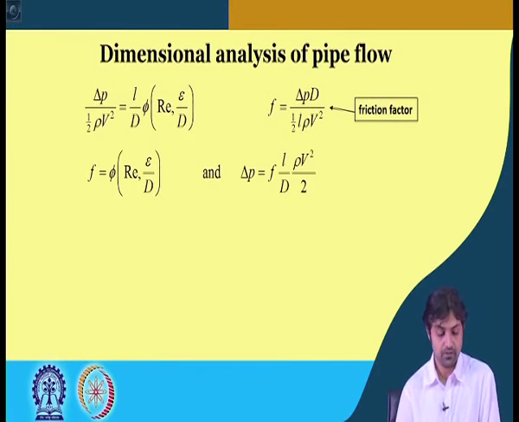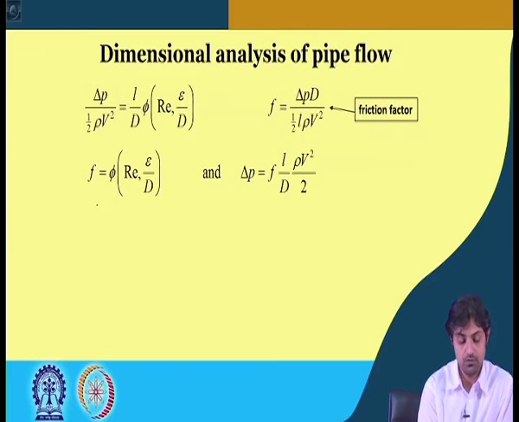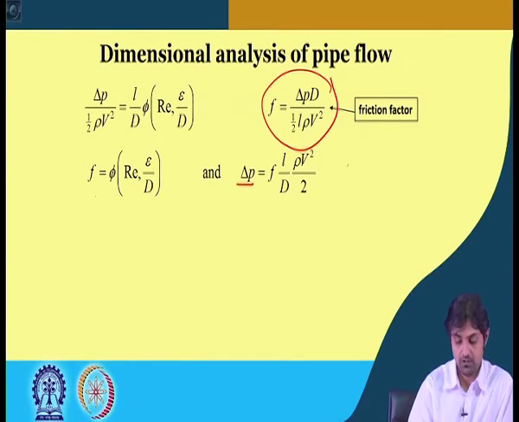Alright, so as I wrote, F is equal to a function of Reynolds number and epsilon by D, and if we are able to find this F, we can easily calculate delta P. Using this equation again, delta P is equal to F into L by D into rho V square by 2.